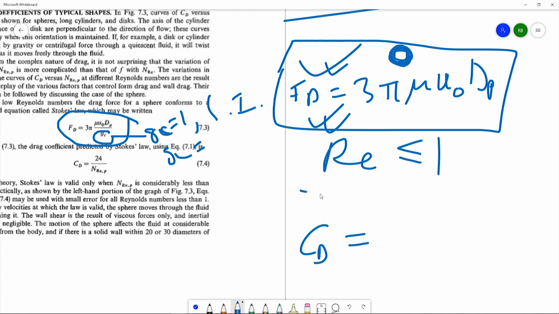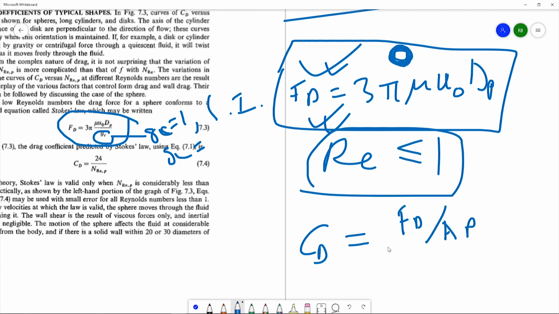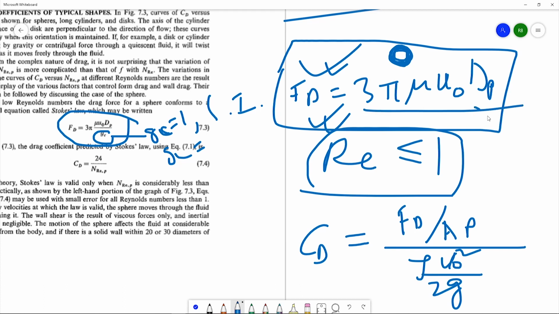How? For this Reynolds number and for a spherical particle, you can calculate the drag coefficient. The formula is Cd equals Fd by AP times rho u naught square by 2. What is Fd? It is given by Stokes law. And what is AP? The projected area of a spherical particle is pi dp square by 4.